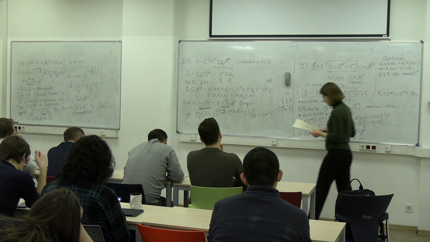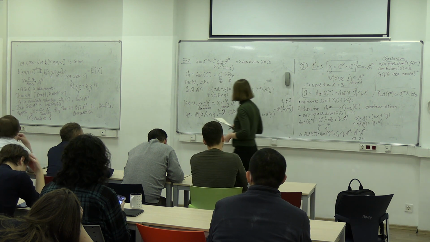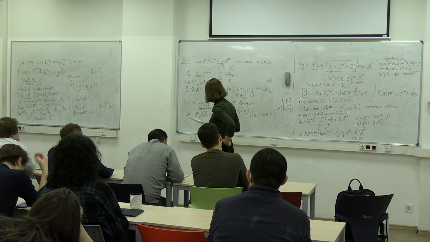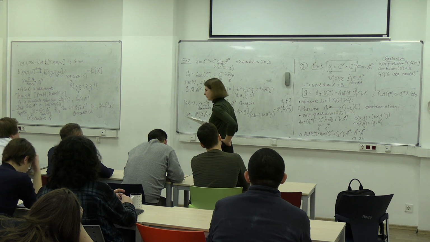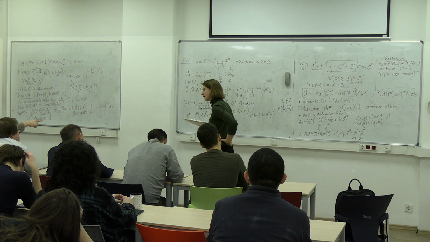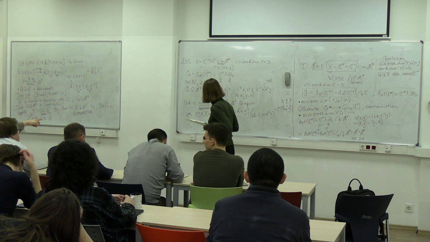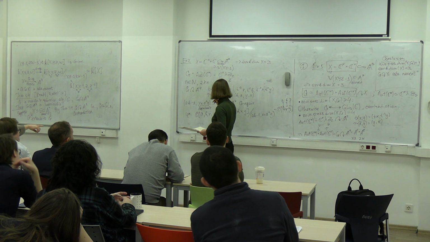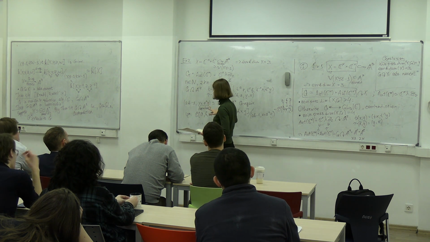Okay. It's not clear why the ideal is invariant with respect to tau. Can you repeat, please? So you mentioned this generator x plus a to the power n y, right? I don't get that actually.